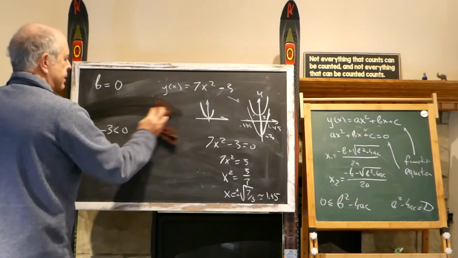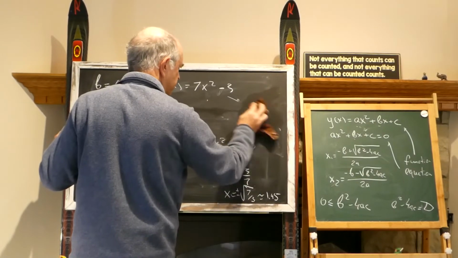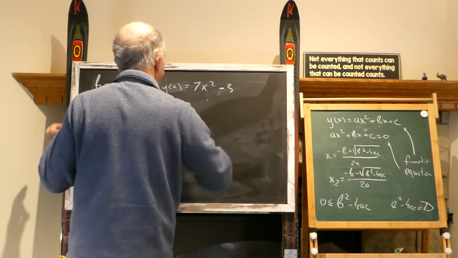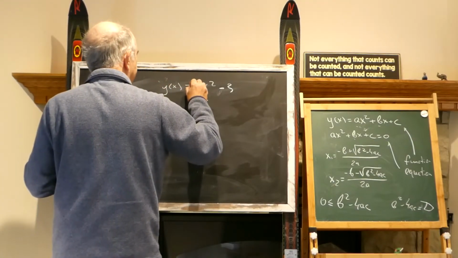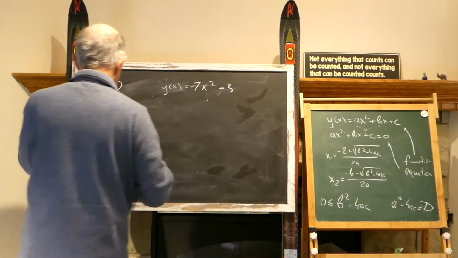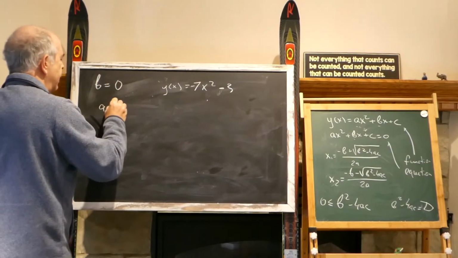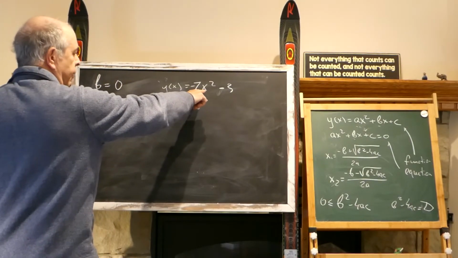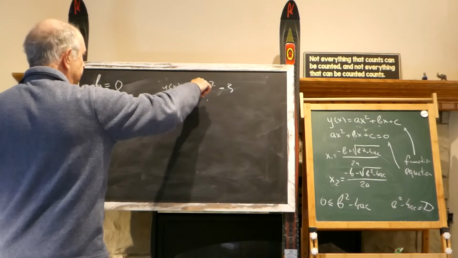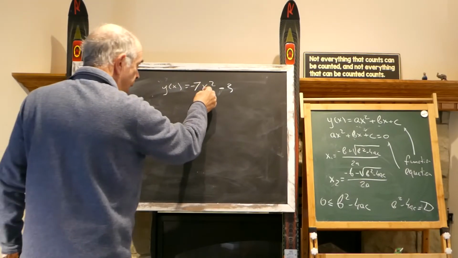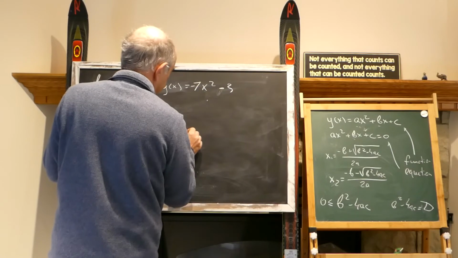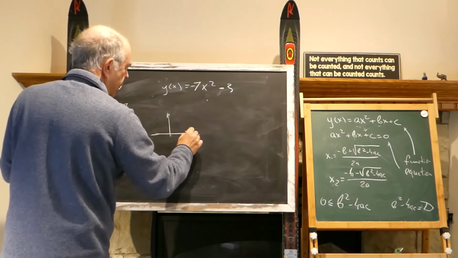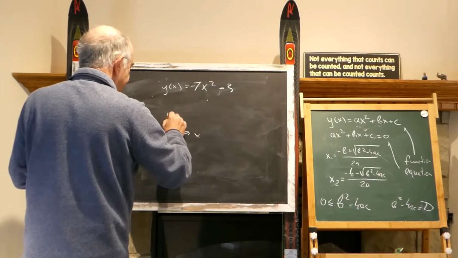Okay, let's draw another parabola. And this parabola would be, for example, minus 7x squared and minus 3. So we have a equal to minus 7. That means if you take x big enough, 1,000, 10,000, it would be a big number, and this would be an even bigger number. And the more x you take, whether you're moving here or you're moving into the negative direction, doesn't matter, but you take a big x, this becomes very negative.